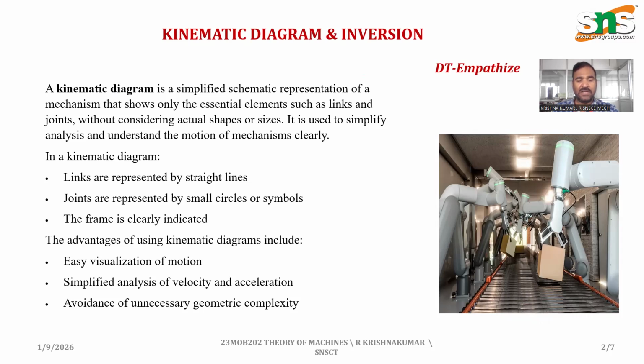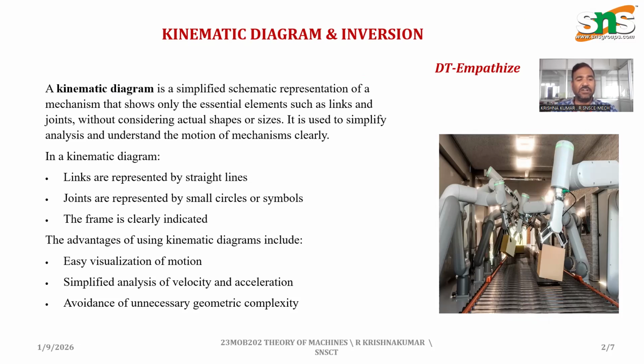In other words, a kinematic diagram is a simplified schematic representation of the mechanism that shows only the essential elements such as links and joints, without considering the actual shape or size. It is used to simplify analysis and understand the motion of the mechanism clearly.